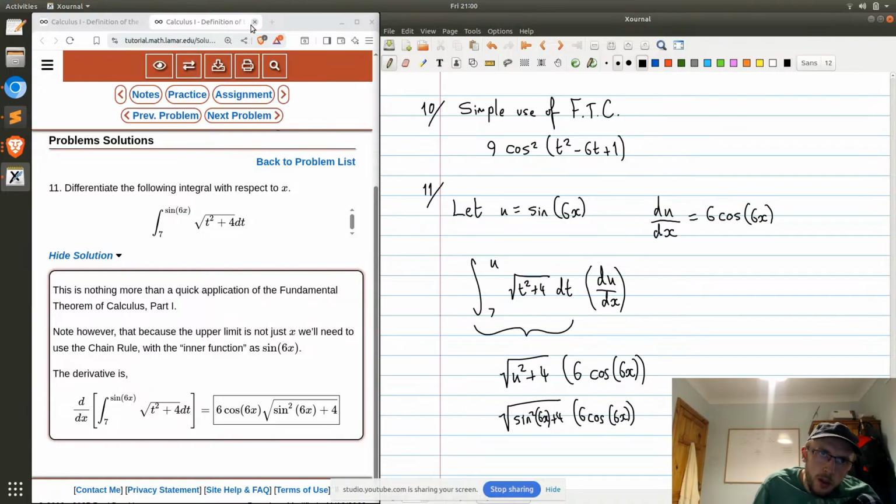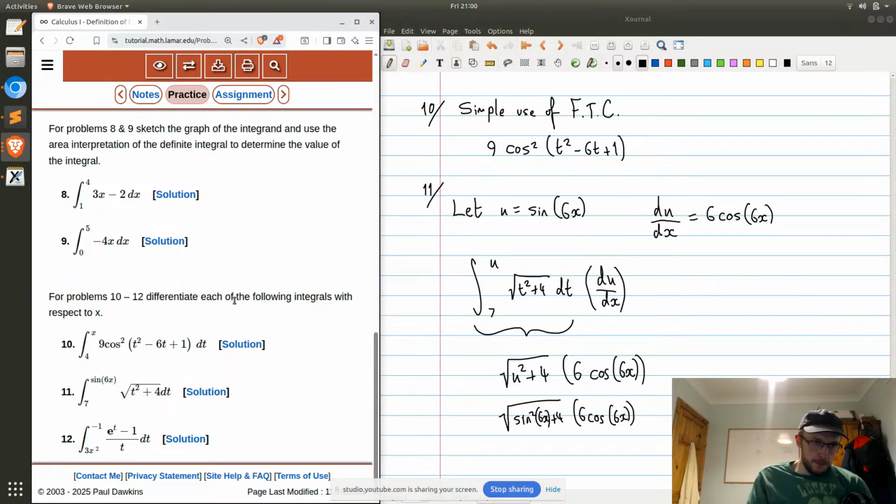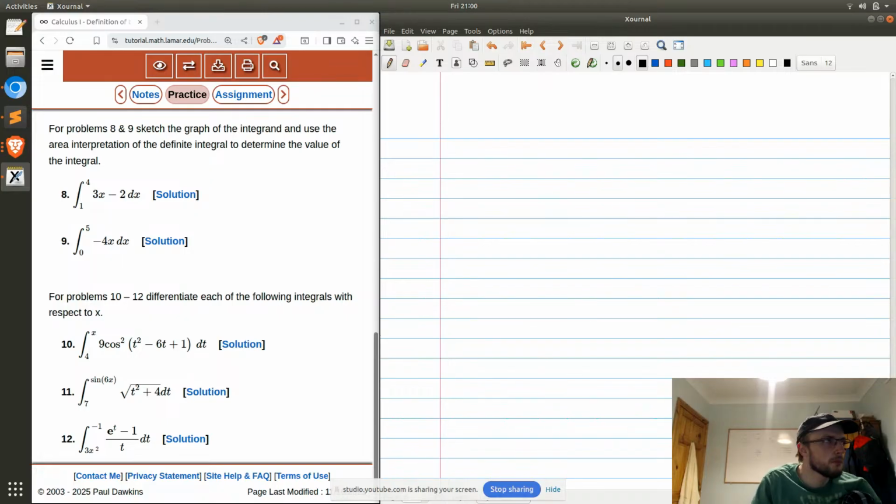Right? First of all, needs to be the other way around. To comply with the phrasing of the FTC, right?